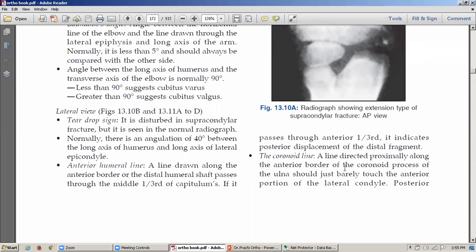Then the coronoid line, which is a line directed proximally along the anterior border of the coronoid process of the ulna, should just barely touch the anterior portion of the lateral condyle.